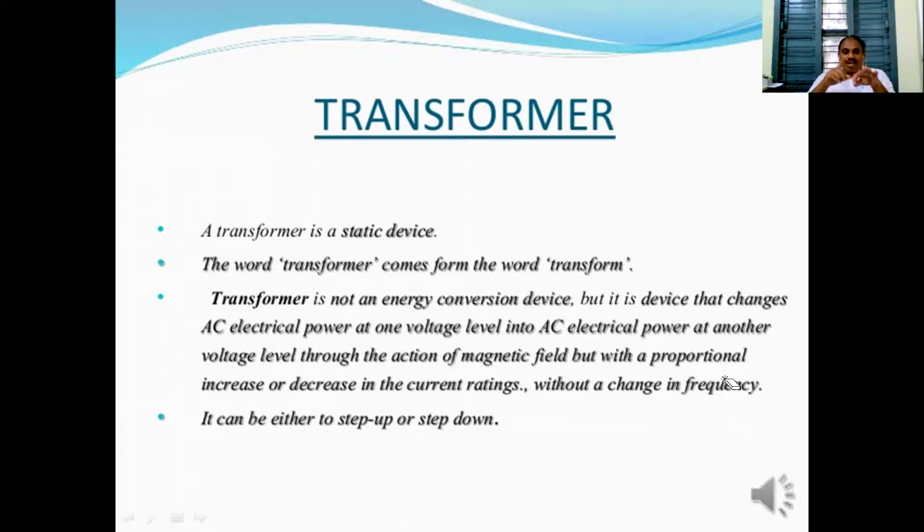Power, frequency, and flux are constant in a transformer. In practice, frequency is 100% constant, and flux and power are about 98% constant. There are some assumptions with respect to power and flux.